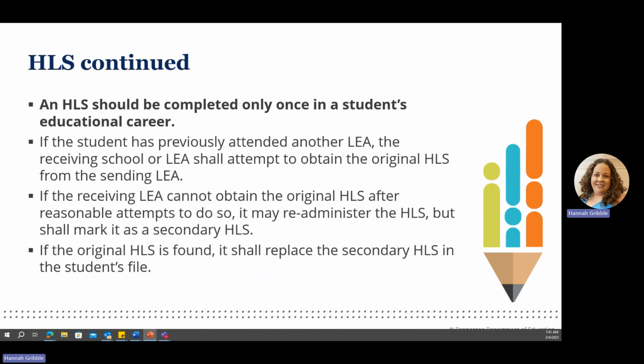So we hear of LEAs receiving a student who is L coded, but the new home language survey says English, English, English, and it causes confusion. This is why the HLS should only be completed once in a student's educational career. Decisions about EL status are all dependent upon that original HLS.